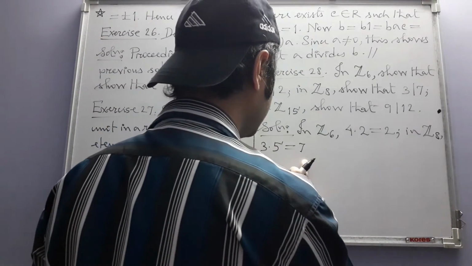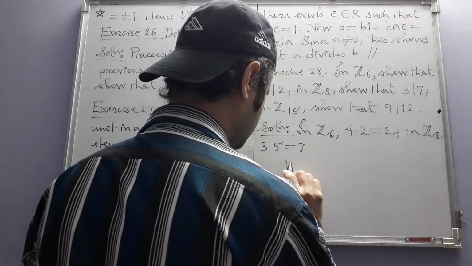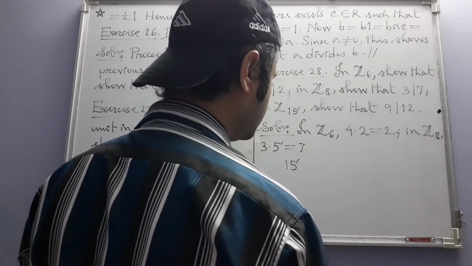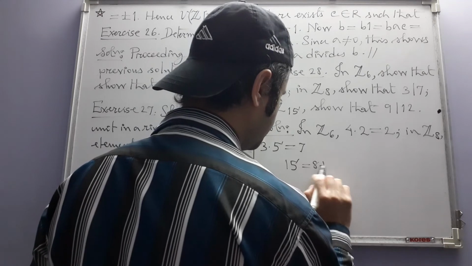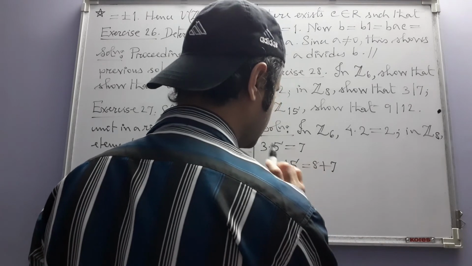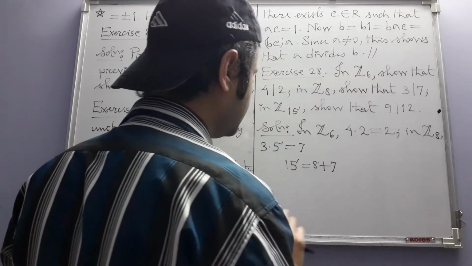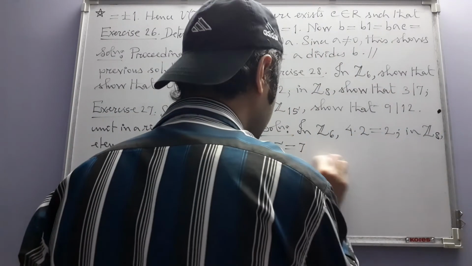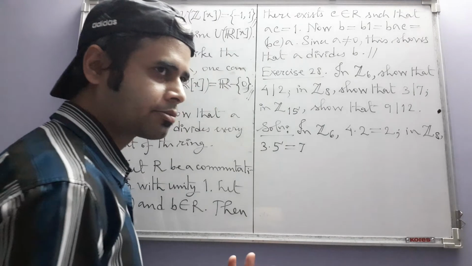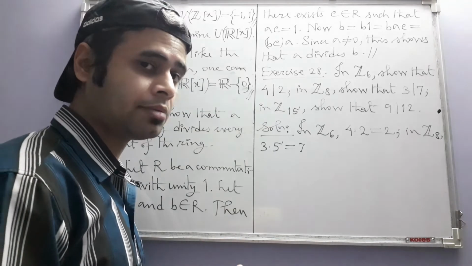In Z8, this equation does not make sense, does it? 15. Because 8 plus 7 is 15, so this is correct, no? Oh, because the next one is Z15, I was thinking I made a mistake. No, it's okay. So that's why 3 divides 7, which is not possible in the ordinary ring of integers, because 3 and 7 are distinct primes there.